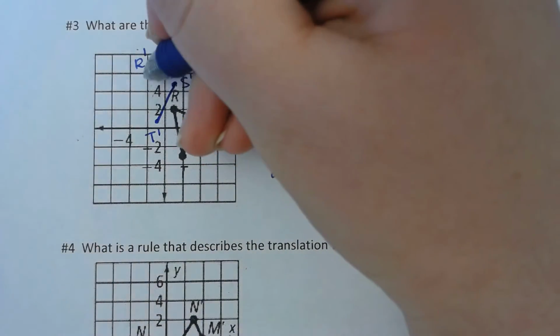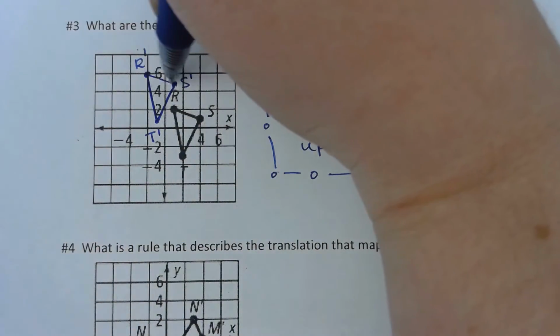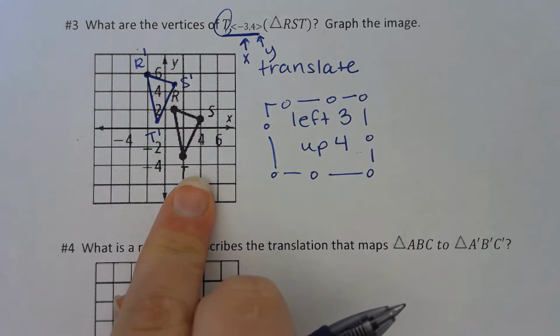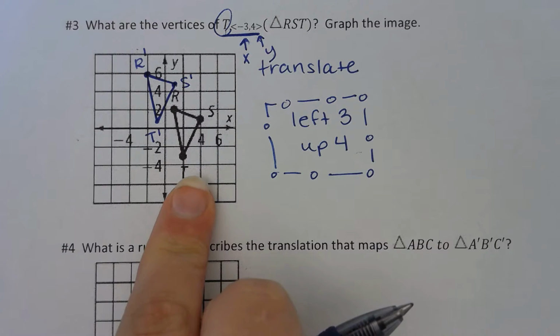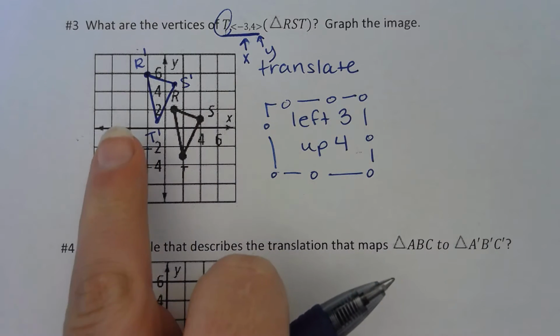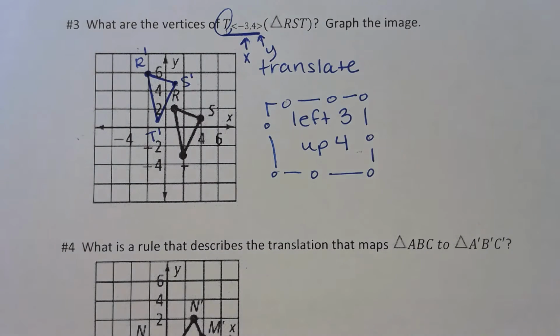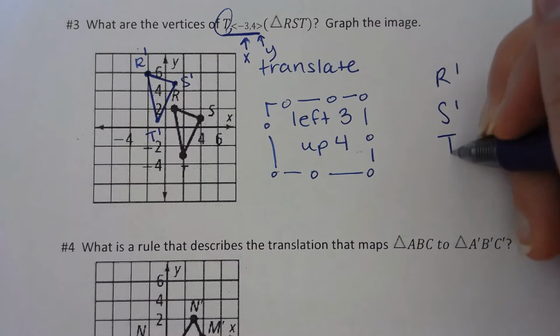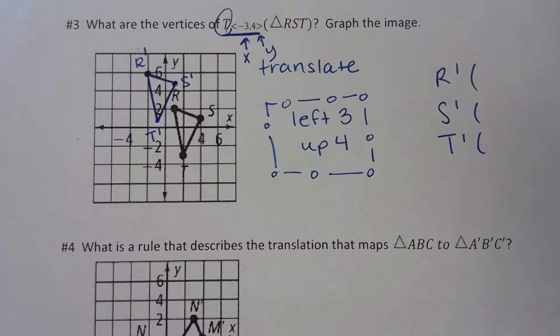Now if I connect these lines, you should notice that, hey, these look like the exact same shape, and they should. If you moved all the points correctly, it should look the exact same. Let's go ahead and write down our new points real quick because they did ask for that.